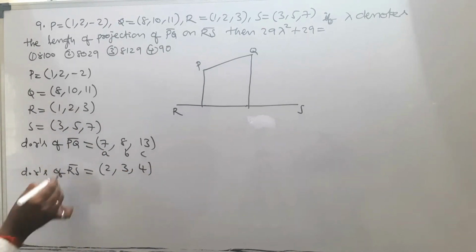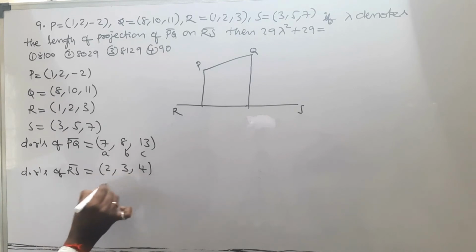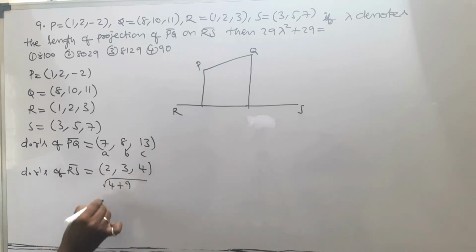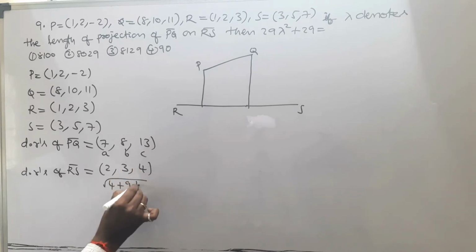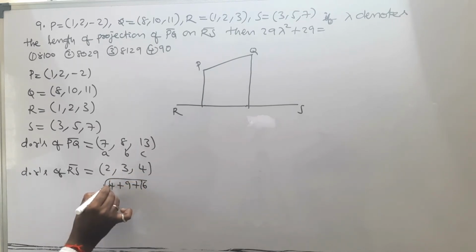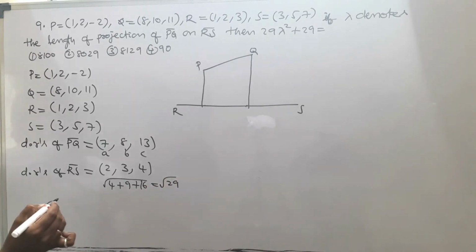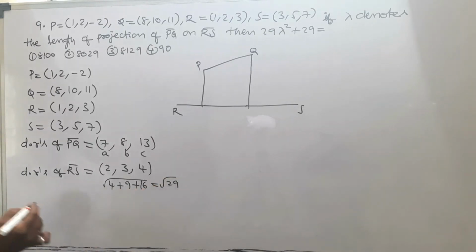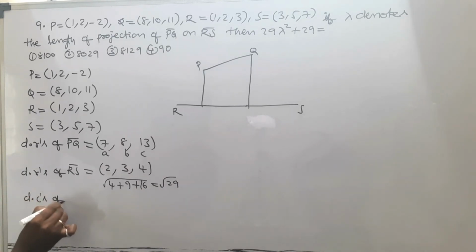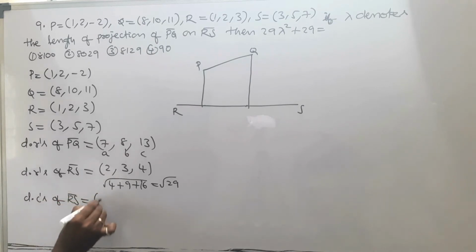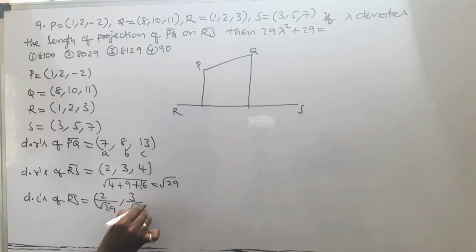Here to find the DCs of RS, 2 square 4, 3 square 9, 4 square 16; 16 plus 4 is 20, plus 9 is 29, root 29. So the DCs of RS are 2 by root 29, 3 by root 29, 4 by root 29.